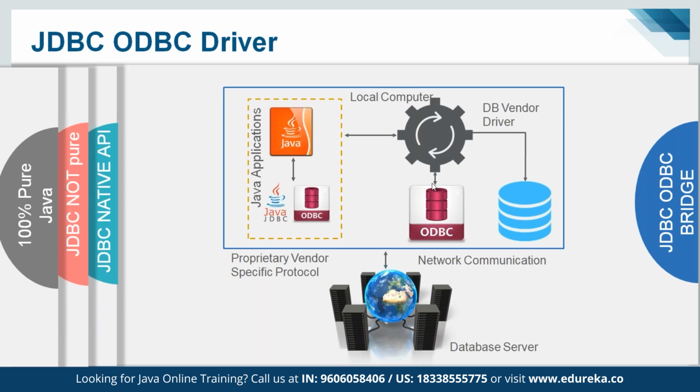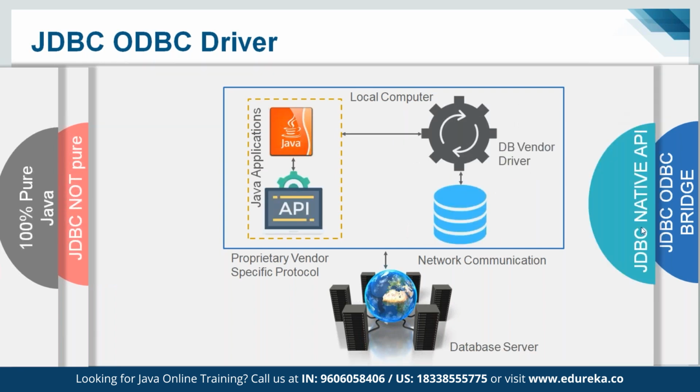In Java 8, that ODBC concept is not there. The second one is called the native API, JDBC native API. That means every database vendor, Oracle given by Oracle Corporation, MySQL now Oracle, DB2 IBM, has developed some programs in C and C++ language.